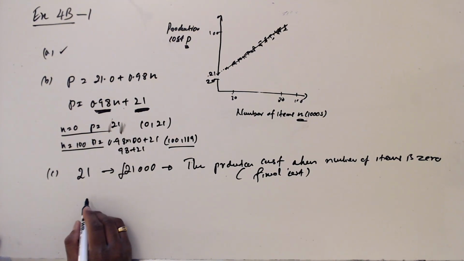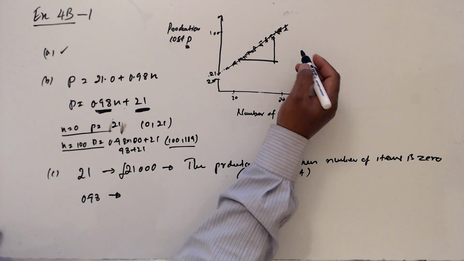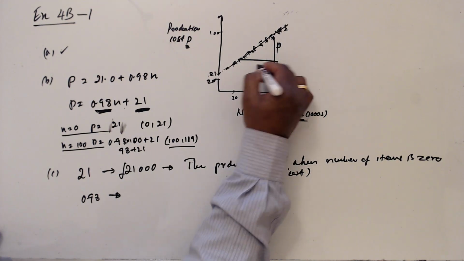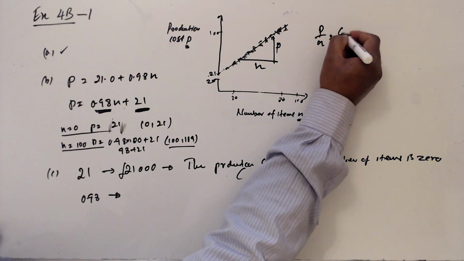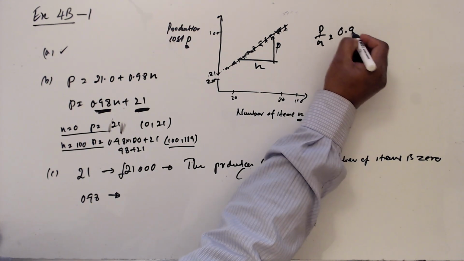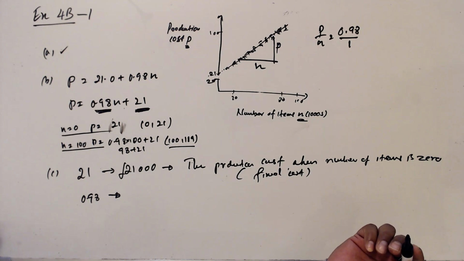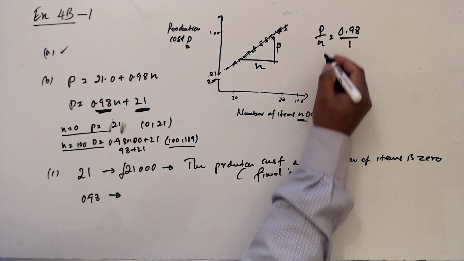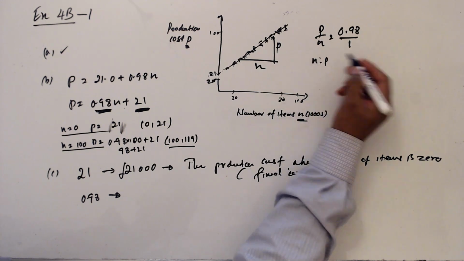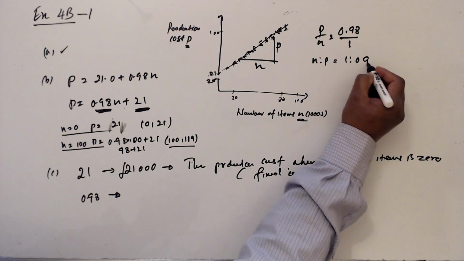And then what is 0.98? It is the gradient. Gradient means P divided by N. So P divided by N is 0.98. So I can write it as a ratio of N to P, 1 to 0.98.